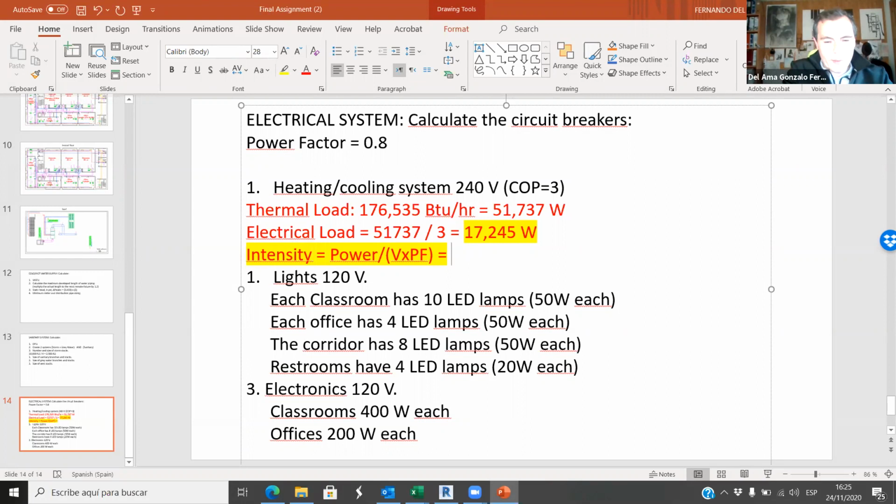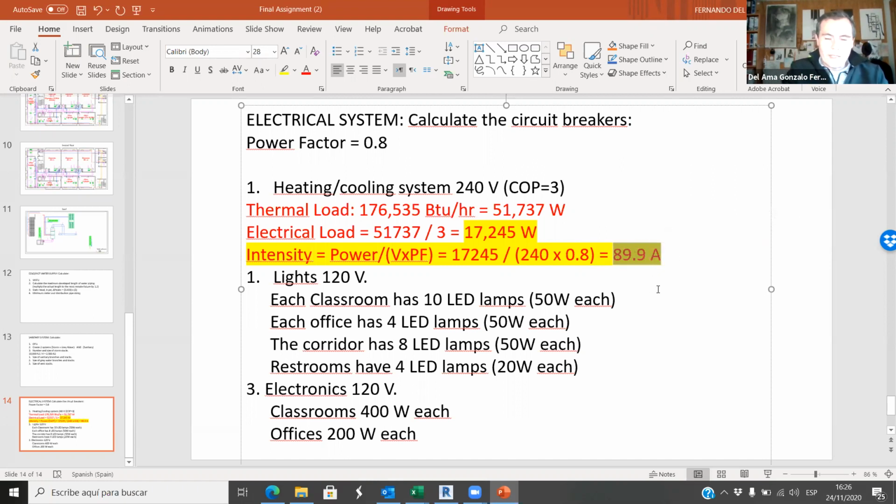So what is the power? 17,245 divided by 240, because the voltage is 240, times 0.8. This is the power factor. So this is 89.8 amperes.